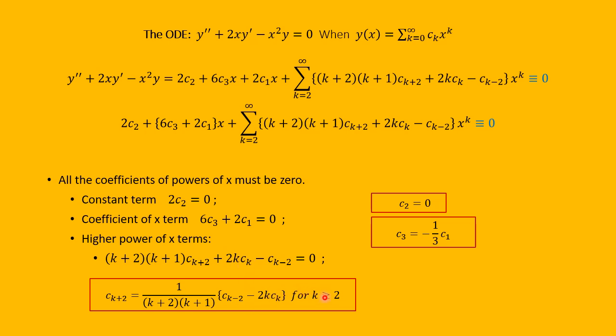And this holds for k greater than or equal to 2. This is our recurrence relation to find c sub k plus 2 in terms of other values of the c coefficients.